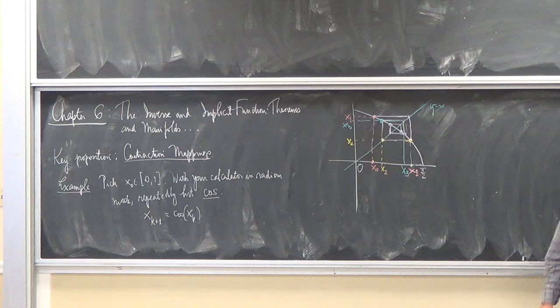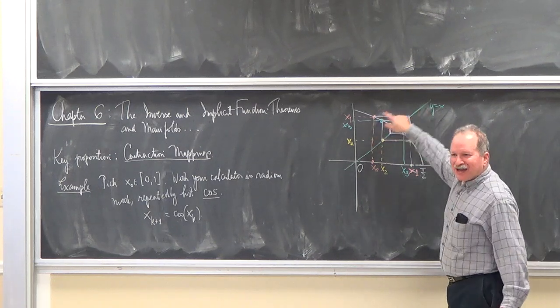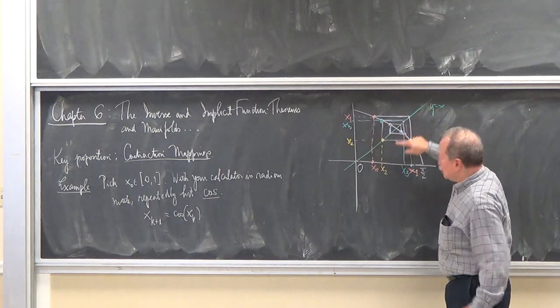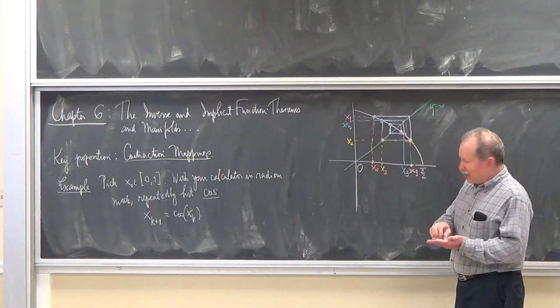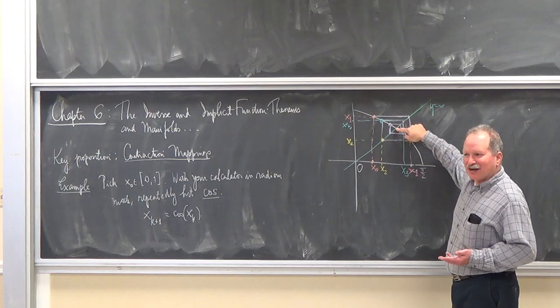What I'm doing is spiraling my way in, closer and closer to, as Cameron said earlier, the point where the two curves cross, where y equals x crosses the cosine graph.